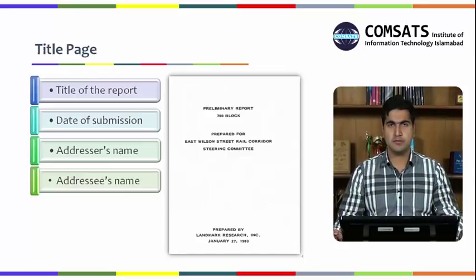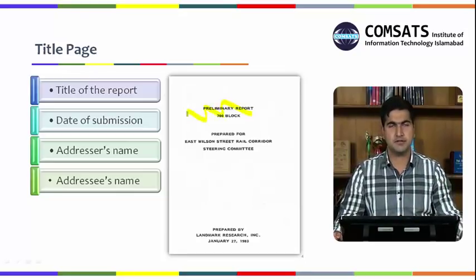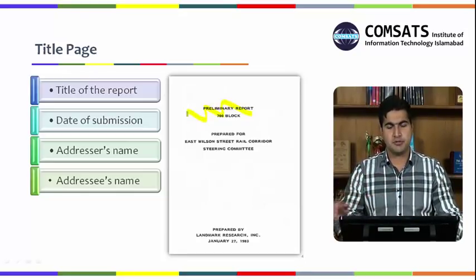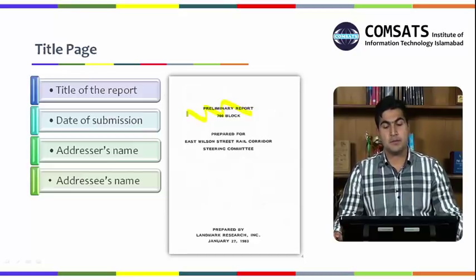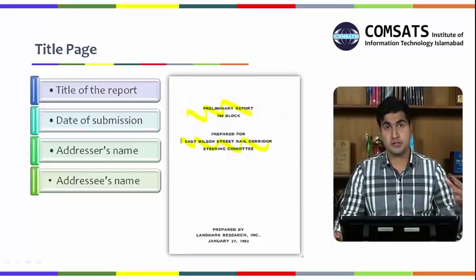That's how it is supposed to be done, and that's how it has been done here within the example as well. Now if you look into it, this is the area. Now you know what it is. A complete description is there. Then prepared for, which means that this is the place where it's going.